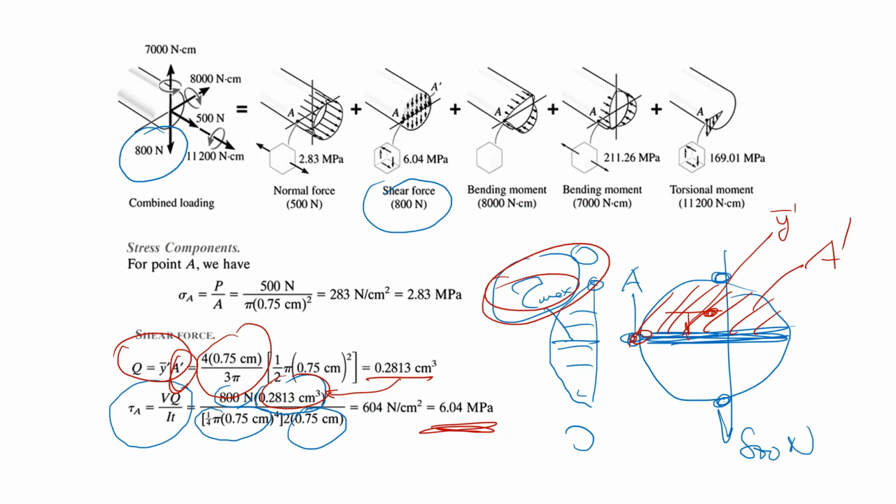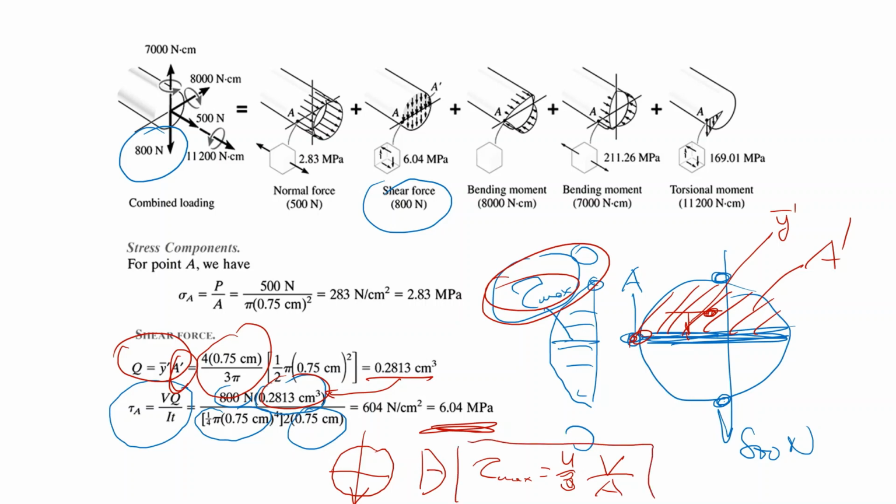In our other slides, we also used a much simpler formula. If you have a simple section and a shear force, for a circular section the maximum is tau max equals 4 over 3 V divided by A. So you can use the simple formula only for a circular section, and the result will be the same.